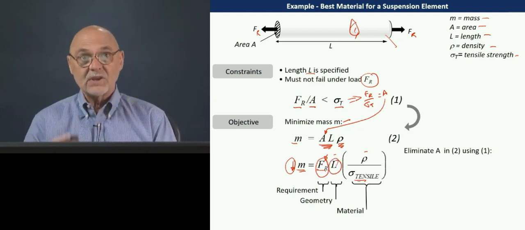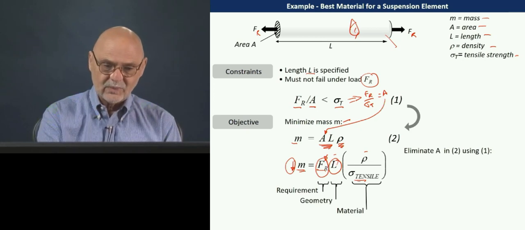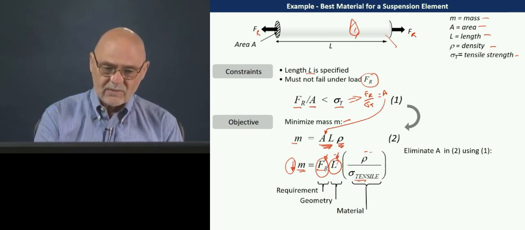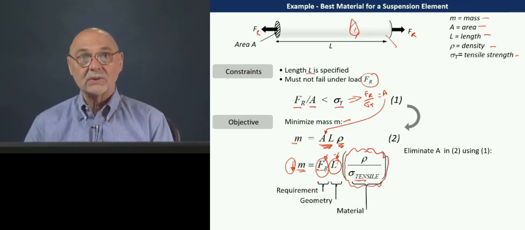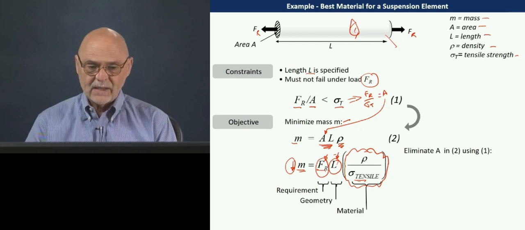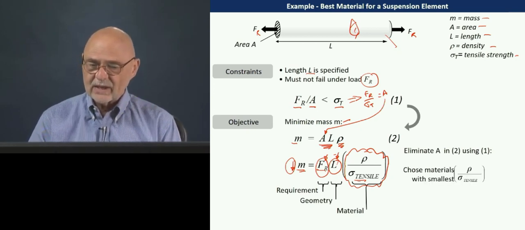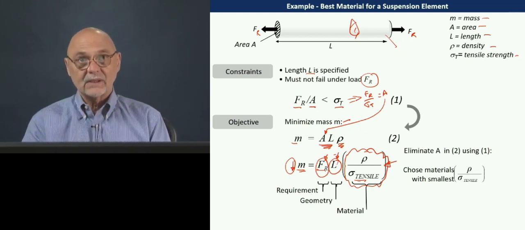L, remember, is the geometry that's fixed, a given, so we can't change that, so we're not going to minimize M with that. So the variable that we have to play with is the density over the tensile strength. So if we choose a material that has the smallest value for this, that would give us the lightest weight tie bar.